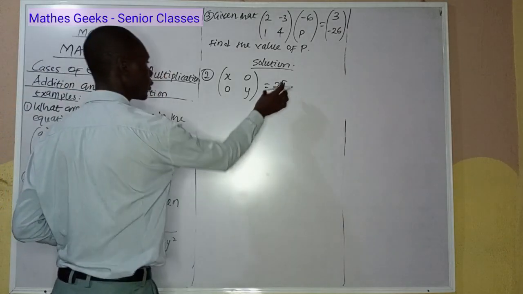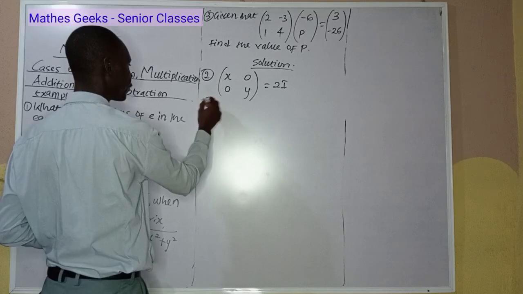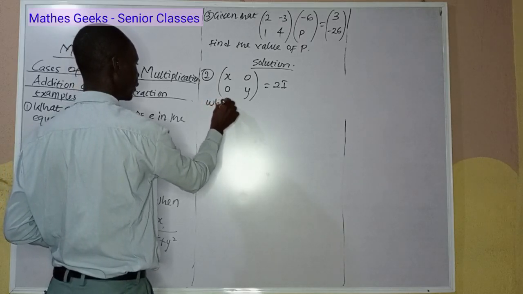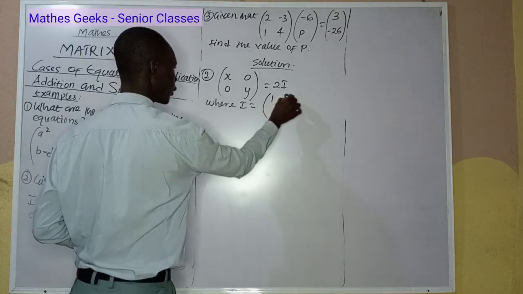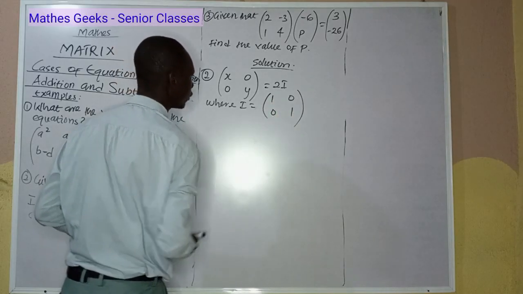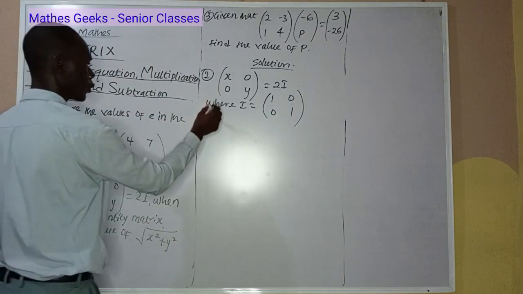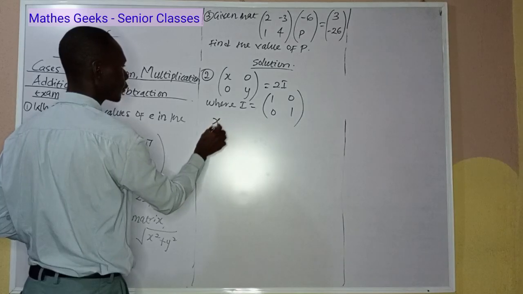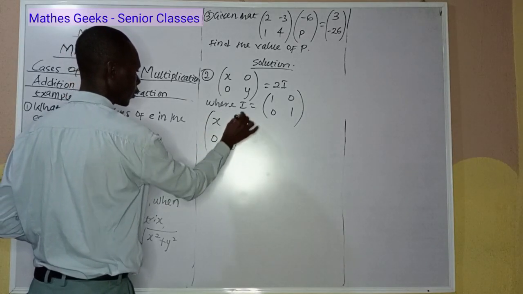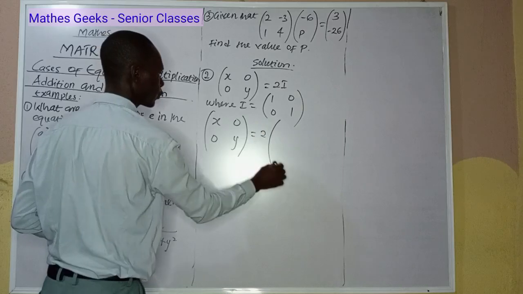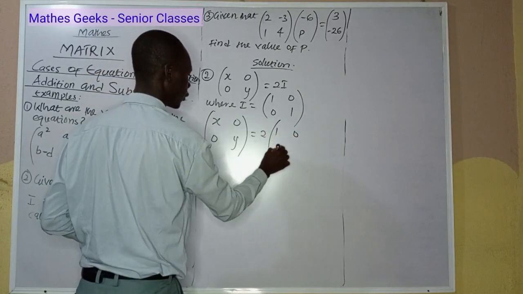So given that I is the identity, where I is equal to 1, 0, 0, 1, then x, 0, 0, y is equal to 2 times 1, 0, 0, 1.